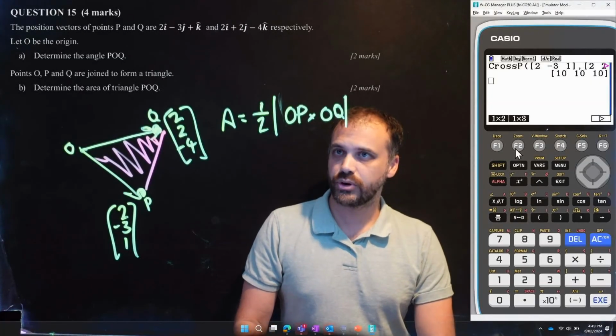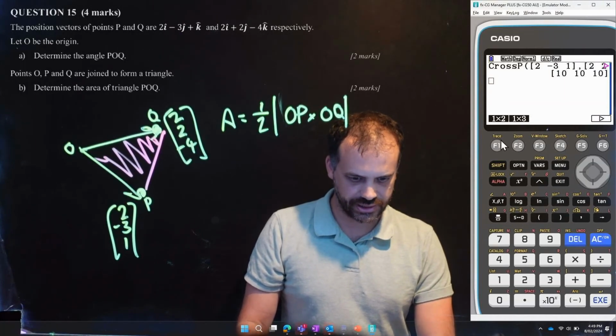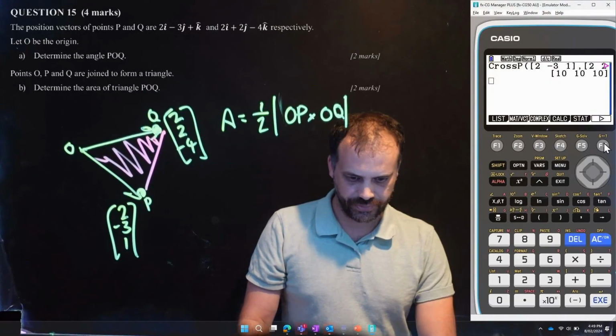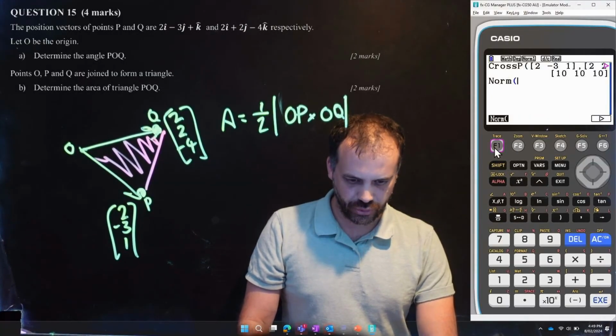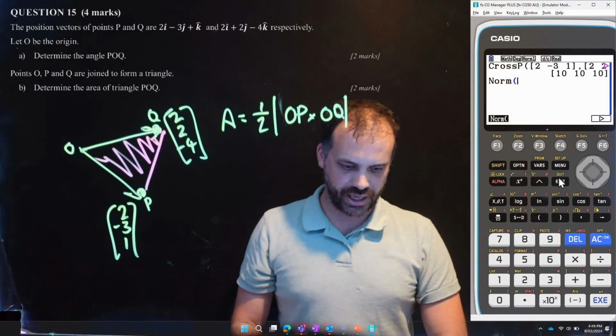Okay, so what do I need now? I need the absolute value of 10, 10, 10. So I'm doing another matrix calculation. So I'm going to go into option matvec all the way to the end, and I'm going to do the norm of, and then I want to use my answer.